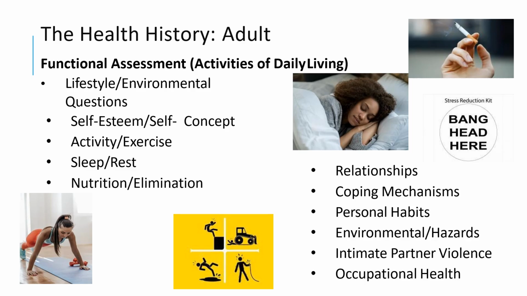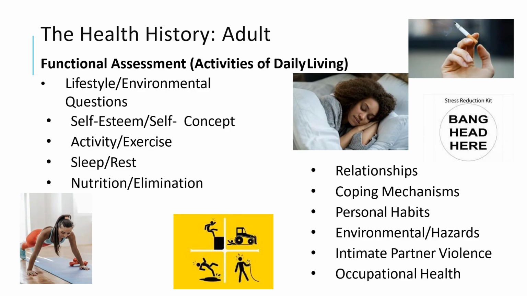Activity and exercise. Do they use any kind of assistive devices in ambulating? Any prosthetics? What type of exercise do they do? How often? How long? Sleep and rest, their sleep patterns.